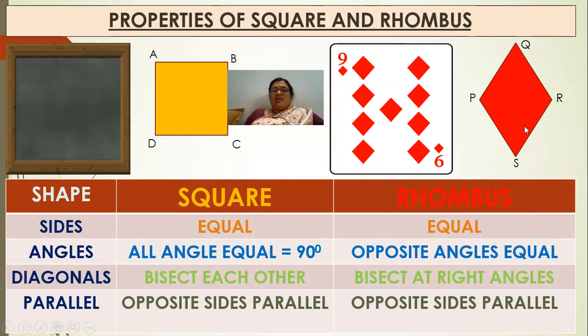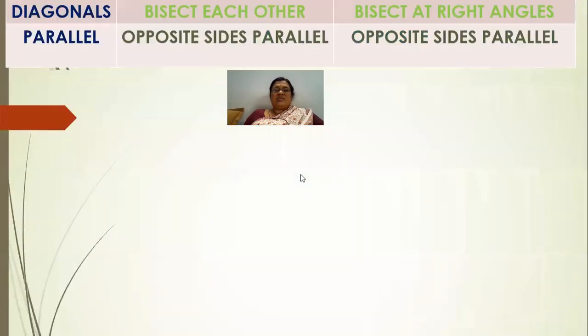And in a rhombus, the diagonals bisect each other at right angles. And in the square, the opposite sides, that is AB and CD, are parallel with each other. And in the rhombus also, the opposite sides are parallel with each other. So this is all about the square and the rhombus.